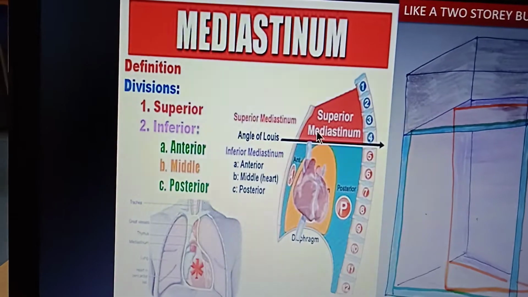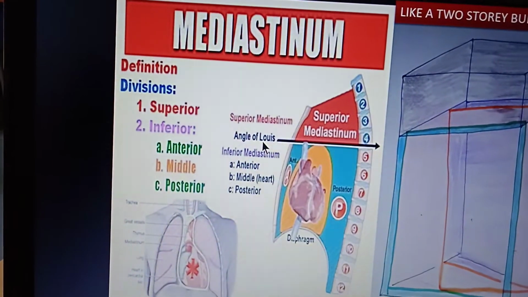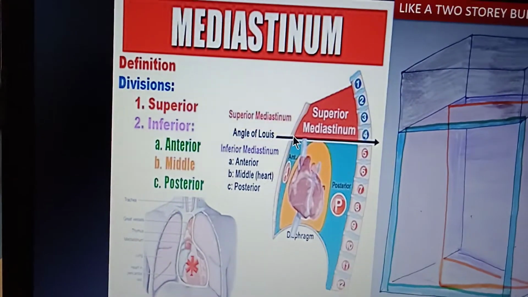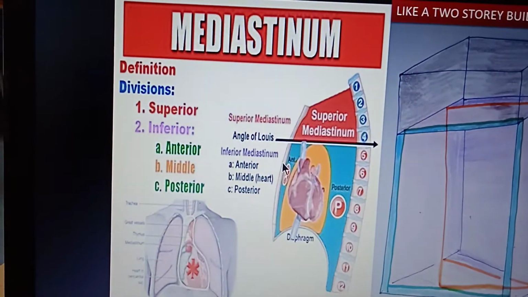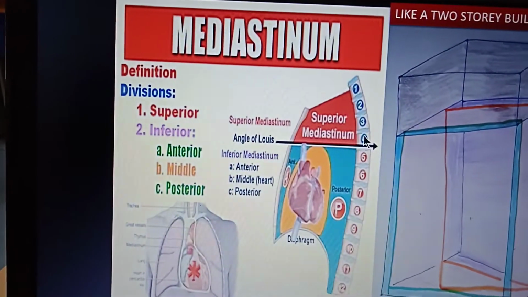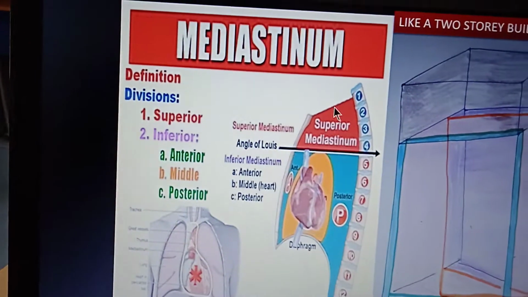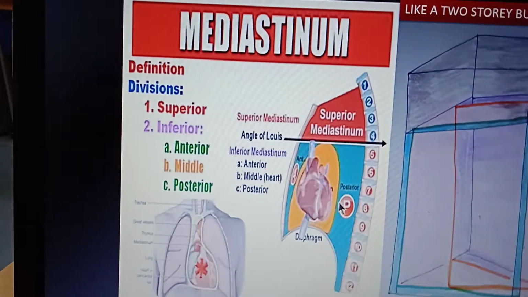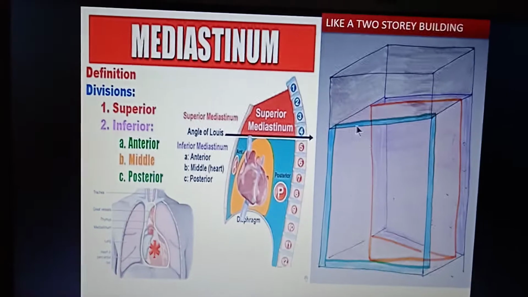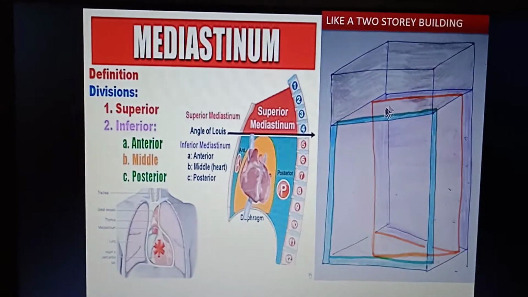Here is the thoracic inlet, and the division is by a horizontal line running from the sternal angle, that is the junction of the manubrium sterni and the body of the sternum, and going posteriorly up to the lower border of the T4 vertebra, above which is the superior mediastinum and below there is the inferior mediastinum. It can be compared with a two-story building.